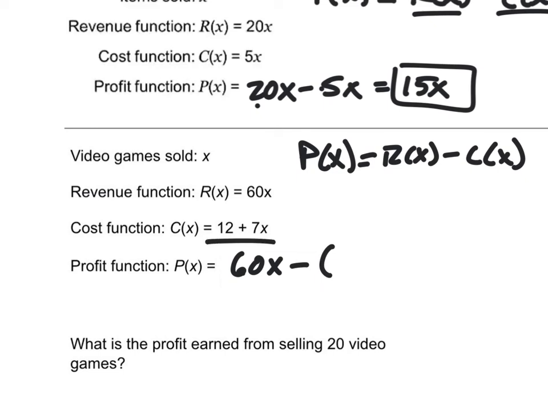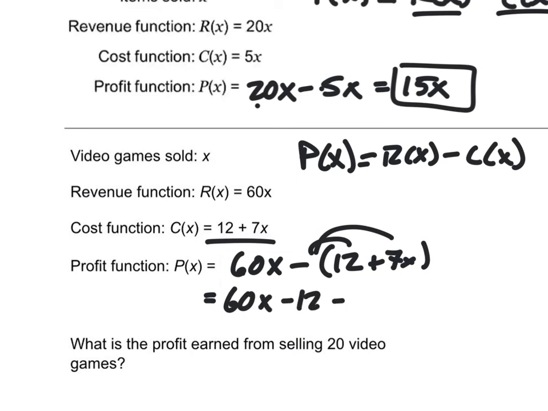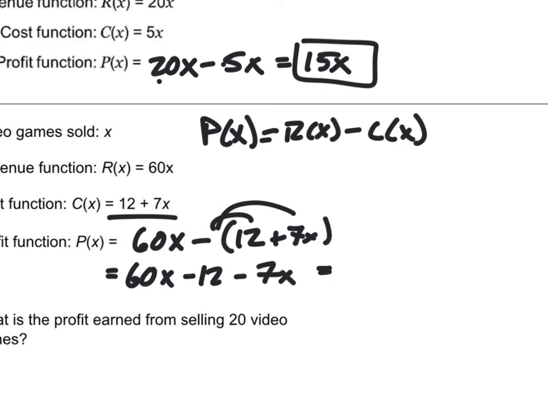Since we're subtracting a quantity, we have to keep it in parentheses. So that's 12 plus 7x. To get this new function, we have to distribute that negative, and that gives us 60x minus 12 minus 7x. So 60x minus 7x is 53x, so 53x minus 12.